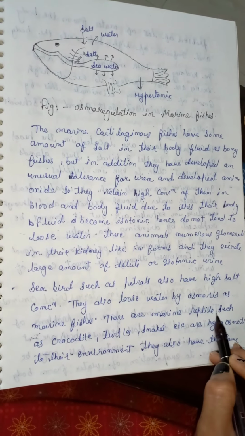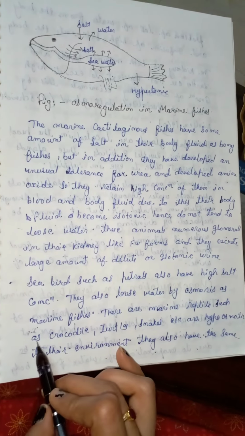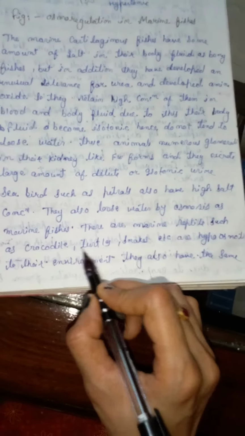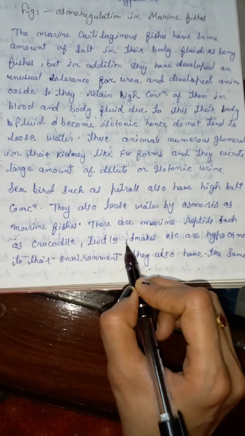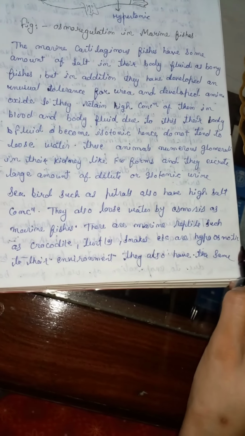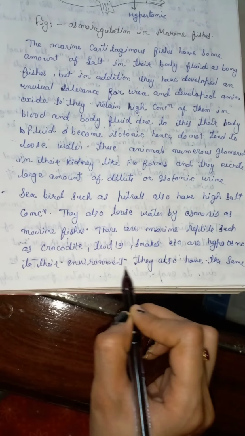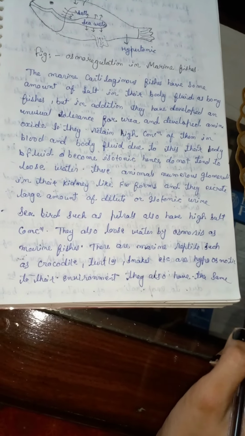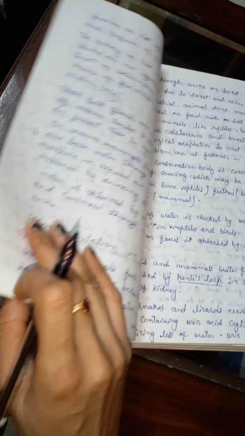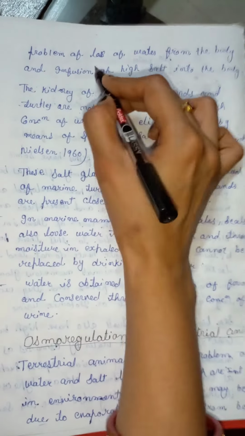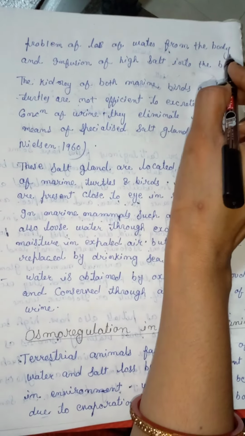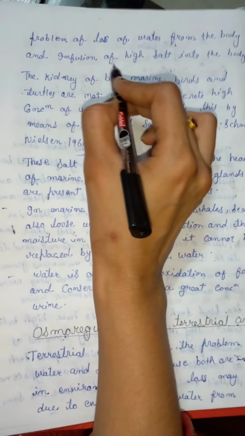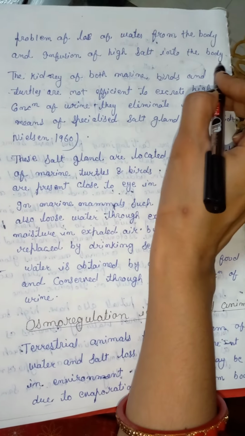These are marine reptiles such as crocodiles, turtles, snakes, etc., as they are hypoosmotic to their environment. They also have the problem of loss of water from the body and infusion of high salt into the body.